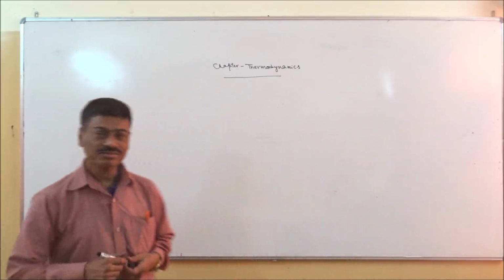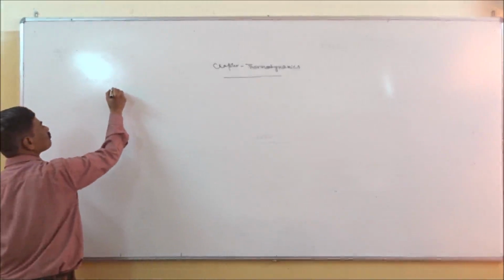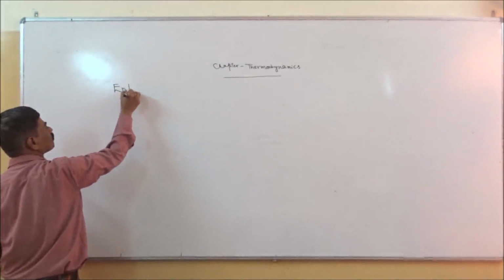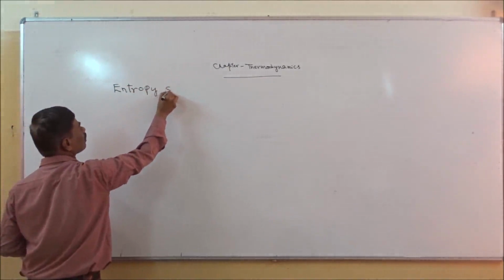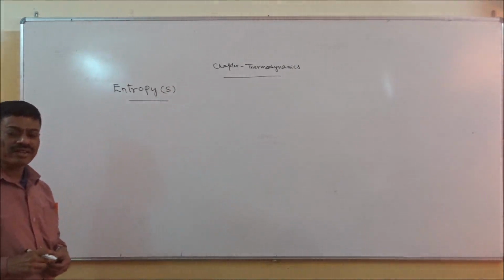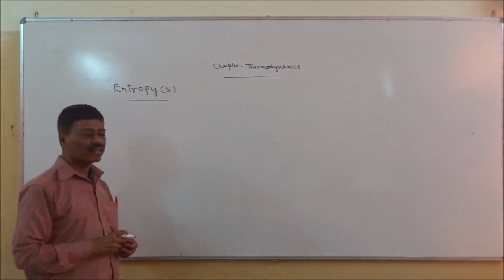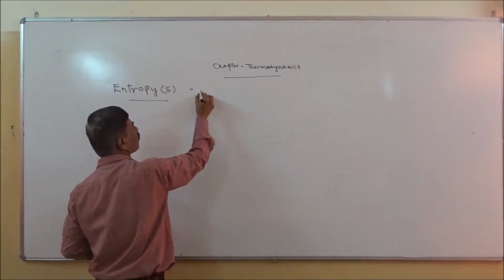Now let us see what is called entropy. This is symbolically represented by the letter S. Entropy of any system refers to the degree of randomness.